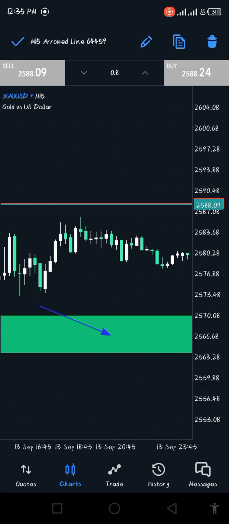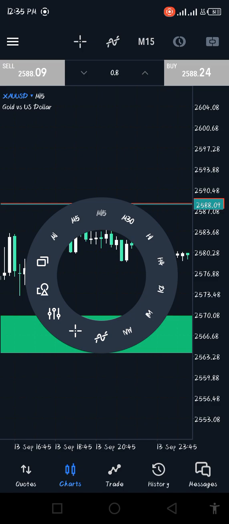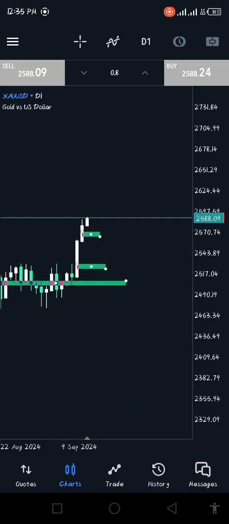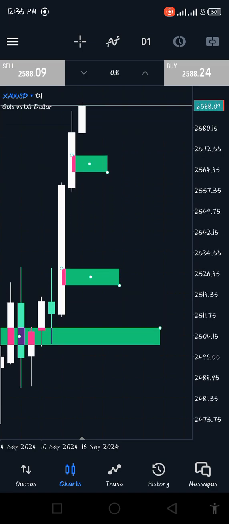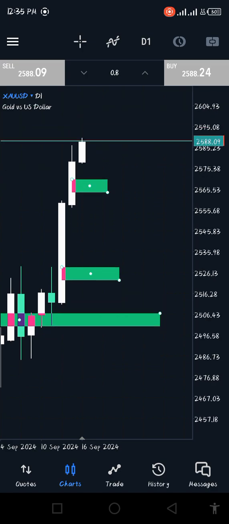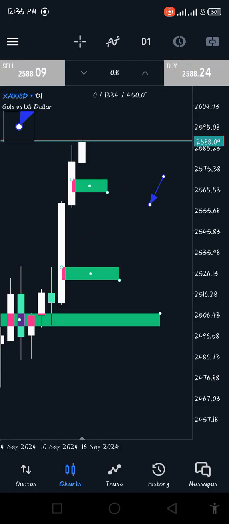With that fully understood, guys, where will be our take profit? Assuming that we have a buying opportunity from this zone, assuming that we have a buying opportunity from this zone, then we can have our first take profit in this zone and the next take profit in this zone, and we can hold the rest to the upside.